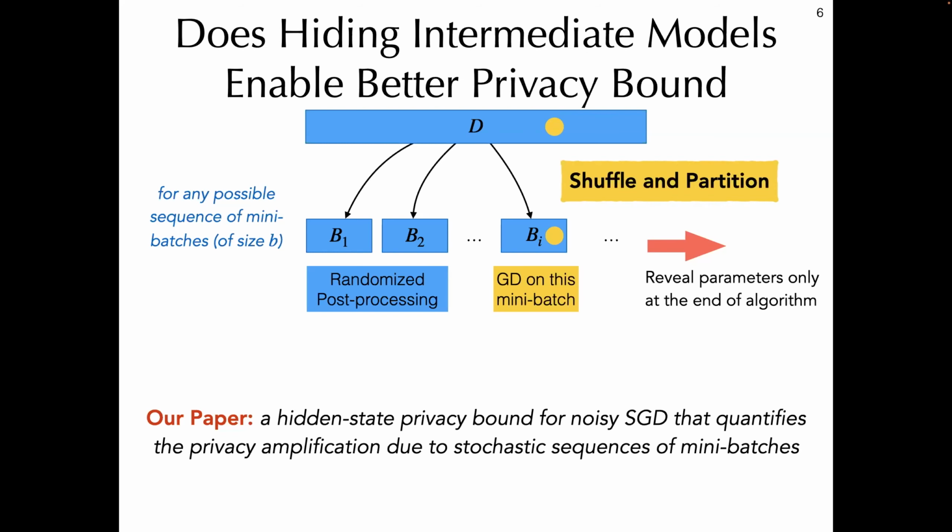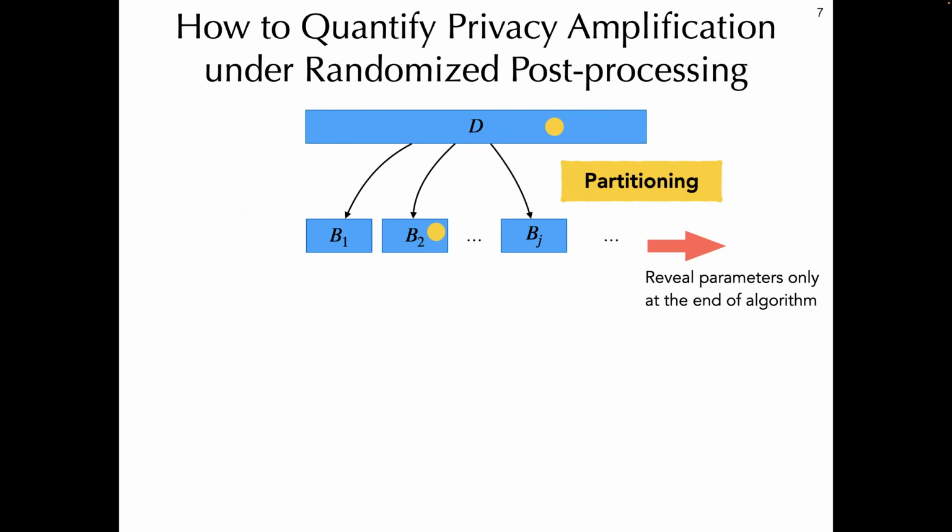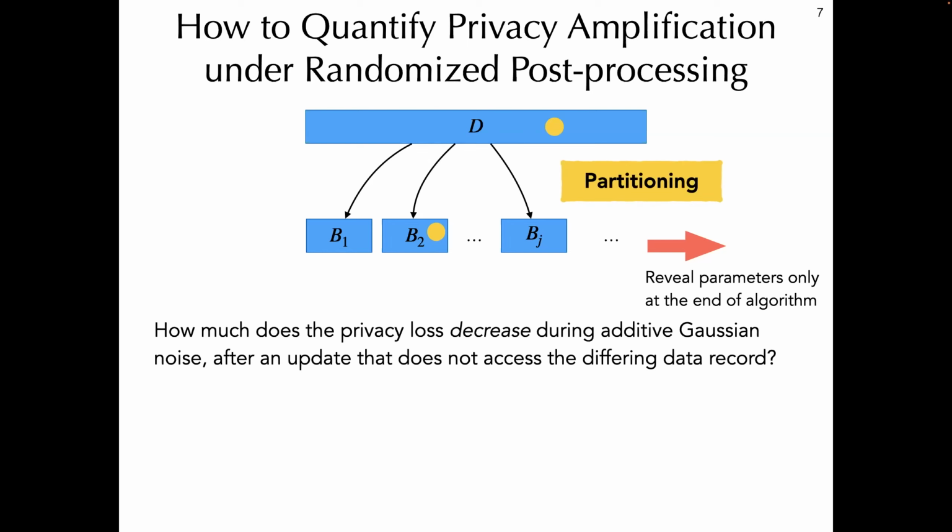And we first look at the first source of amplification, that is the additive noise added in the update that does not access the differing data record decreases the privacy cost. So how do we quantify this amplification?